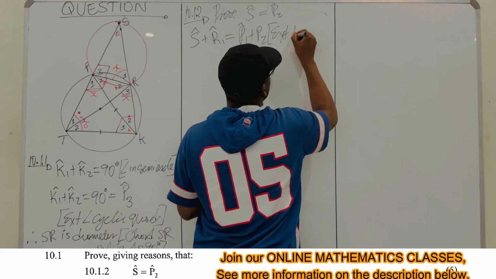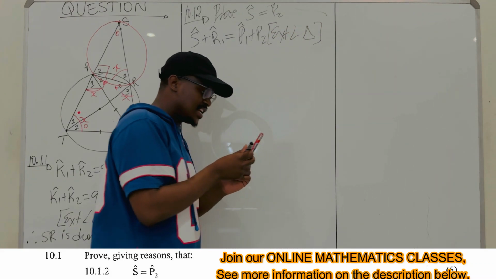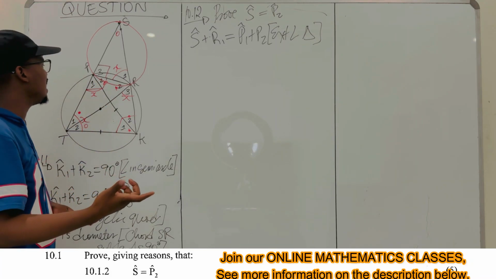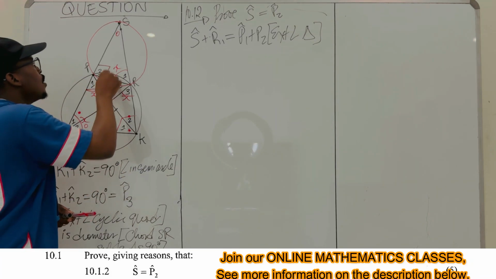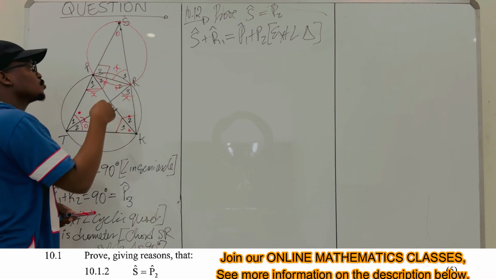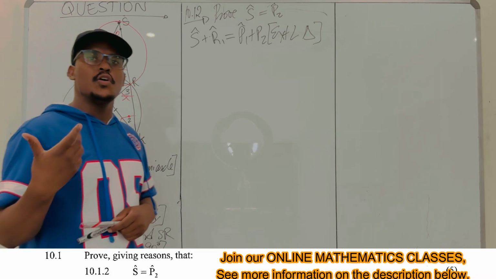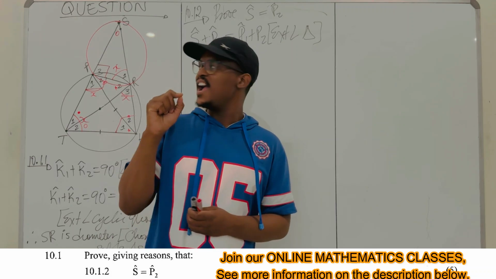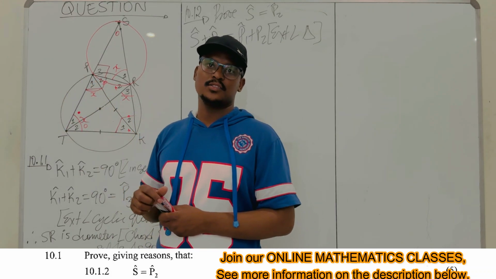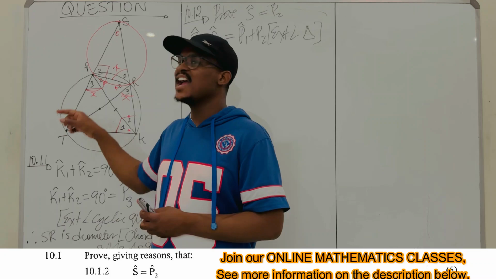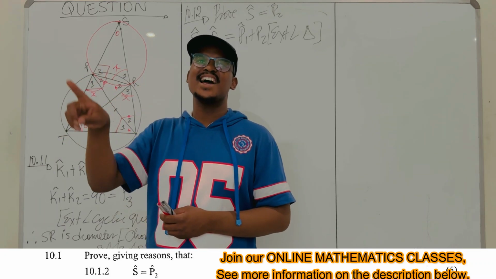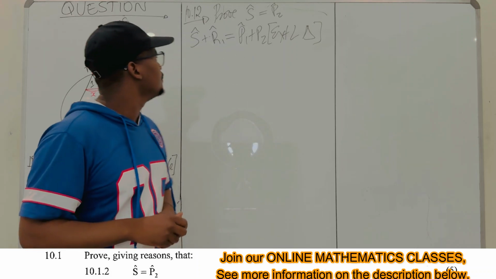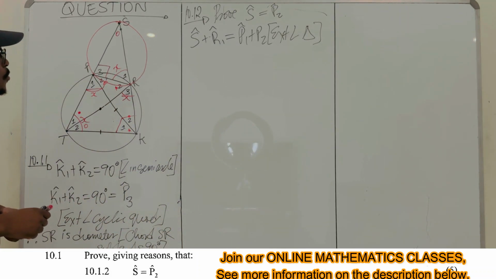The exterior angle of a triangle is equal to the sum of the interior opposite angles. Or you can say the exterior angle of a triangle is equal to the sum of the interior non-adjacent angles. In order to find the exterior angle, add your interior angles, but only the ones non-adjacent to the angle that you are sitting on. So, no problem.